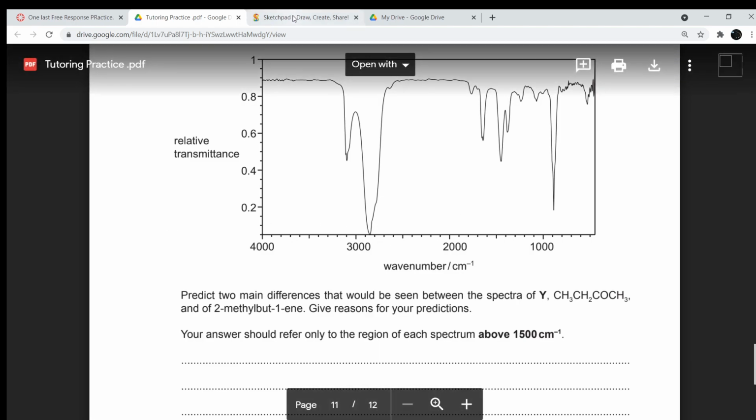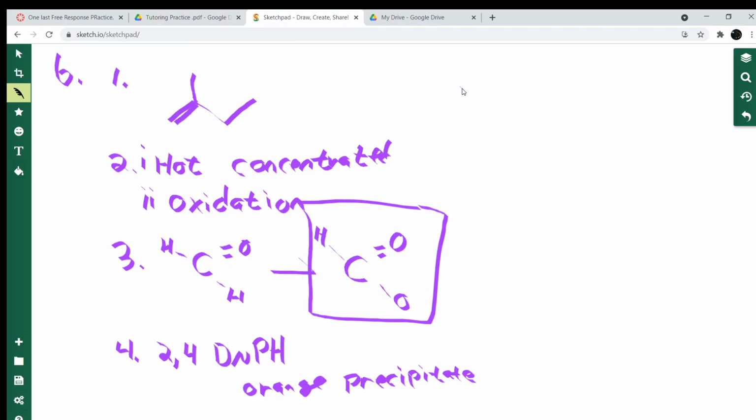So what I would like to think here is, we have essentially this molecule and this one.